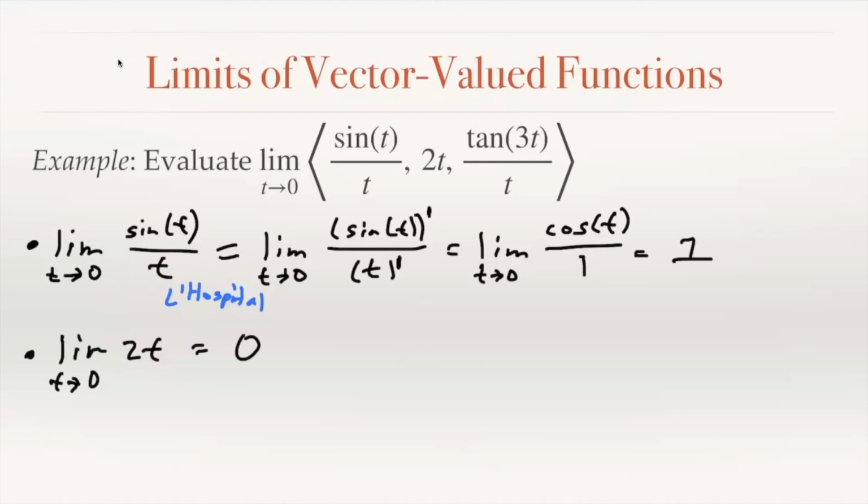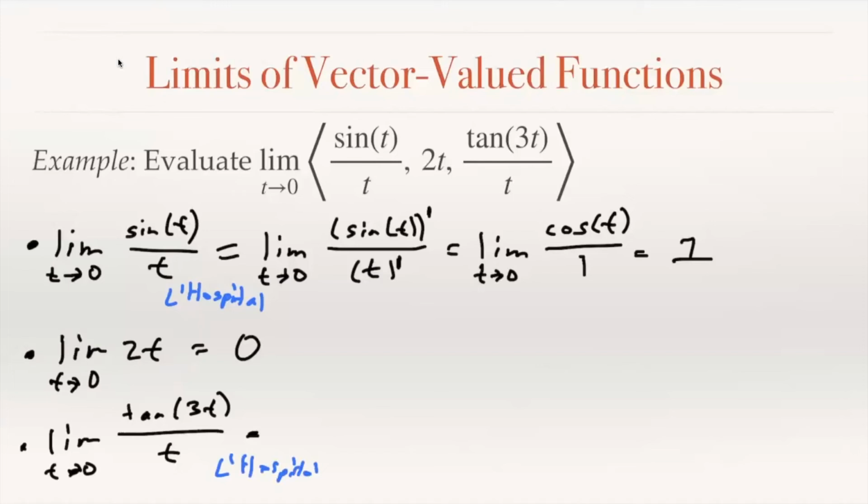And the limit as t approaches 0 of tangent of 3t over t is again by L'Hopital. Okay, so derivative of tangent of 3t is 3 secant squared of 3t. Derivative of tangent is secant squared, and by the chain rule, we pull out that 3.